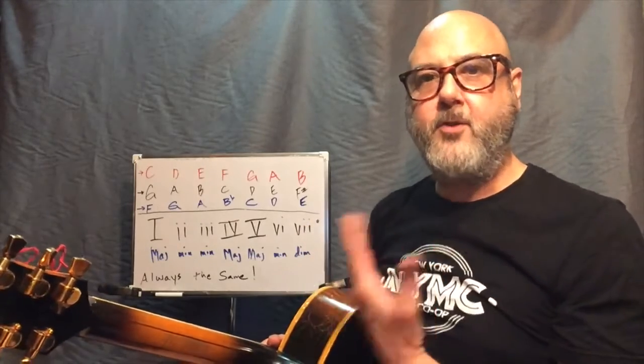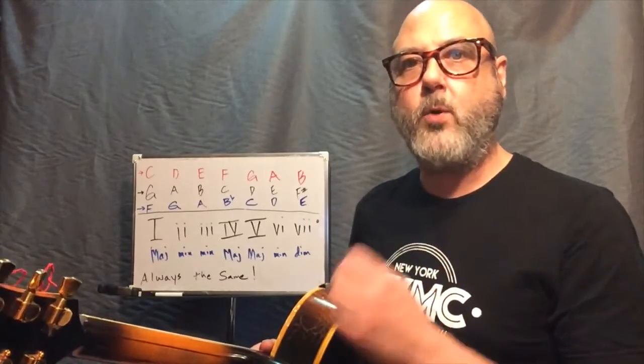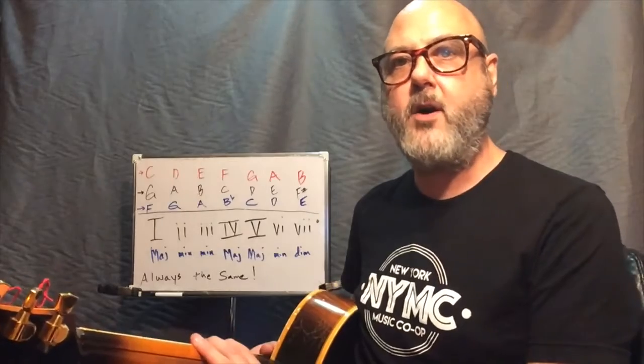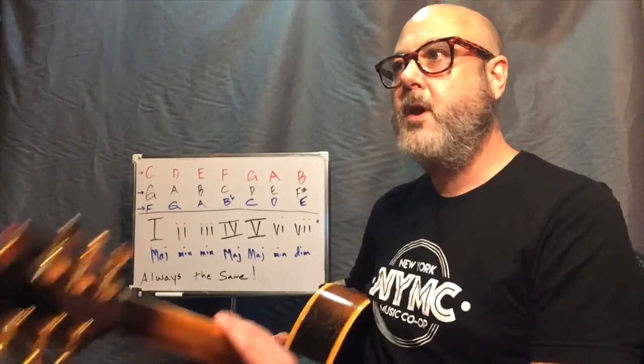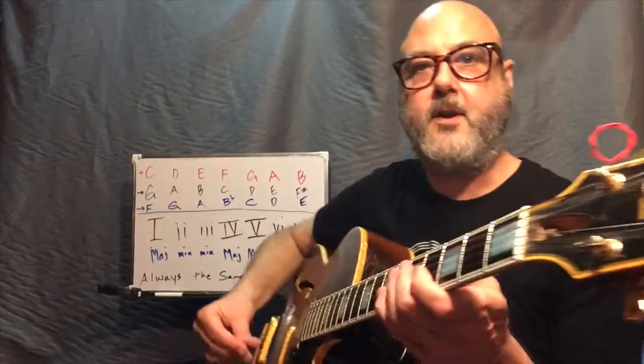At some point in your development in music theory, you'll want to go back and explore why those things are as they are. They really are more about distance than any other thing. This is, again, one half step.